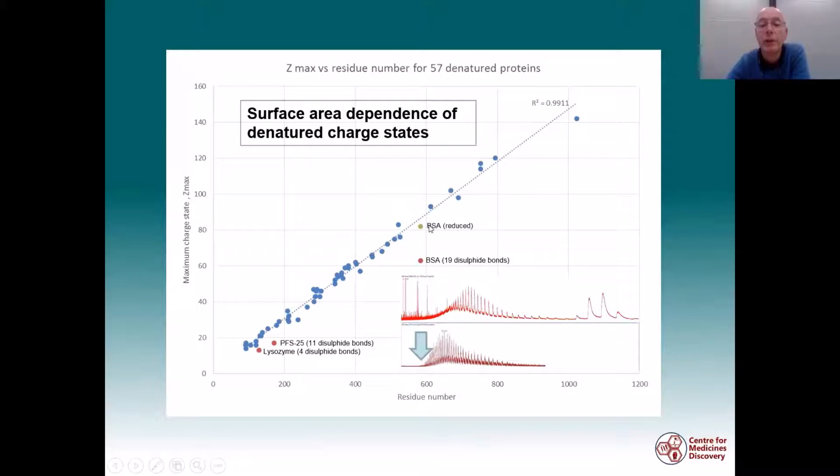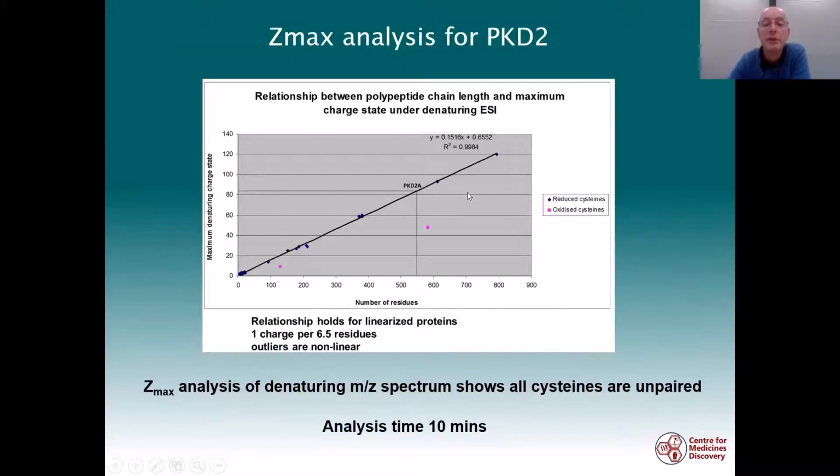If we reduce these values, they will fall on that line. What we can do is take PKD2A and plot it on this graph. And if it falls on this line, we can conclude that all the cysteines in PKD2A must be unpaired. And that analysis time is about 10 minutes.